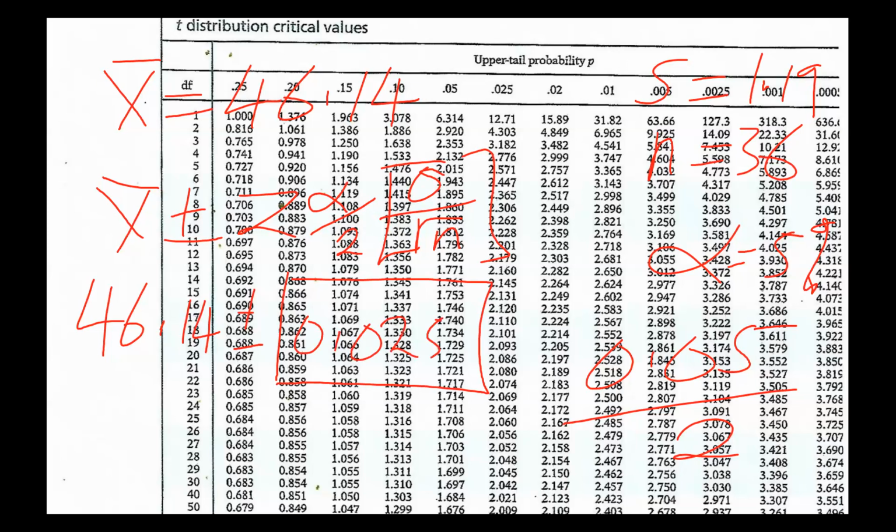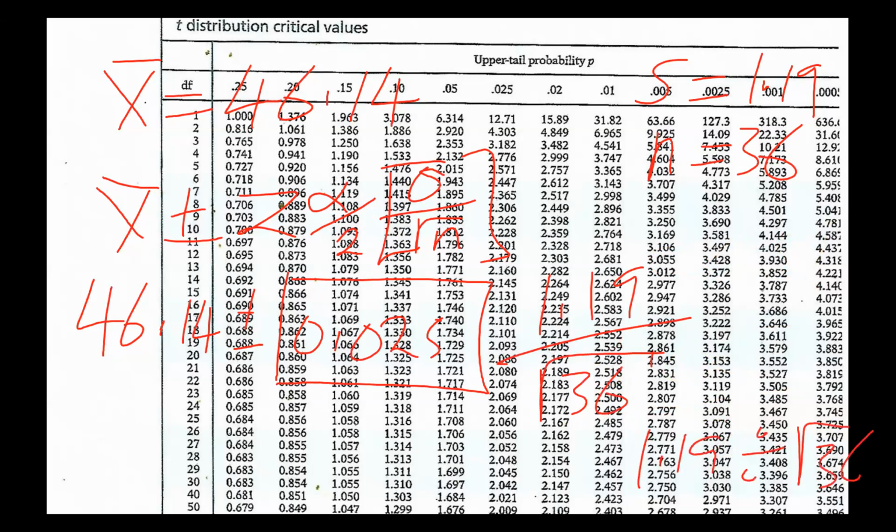This is the level of alpha that we are looking for, multiplied by the standard deviation, which is 1.19, divided by the square root of 36, which is 6. So 1.19 divided by the square root of 36, and what do you get? 0.1983.